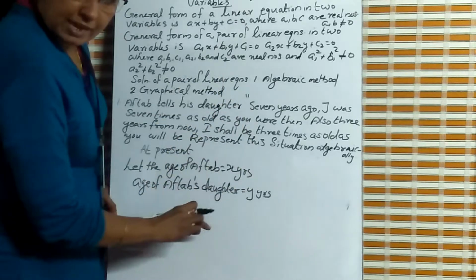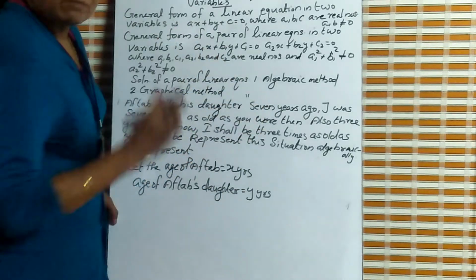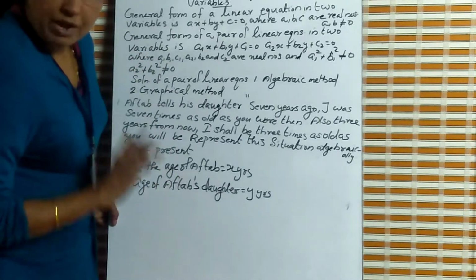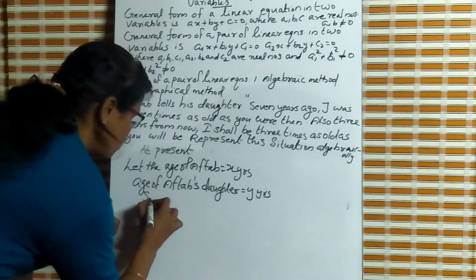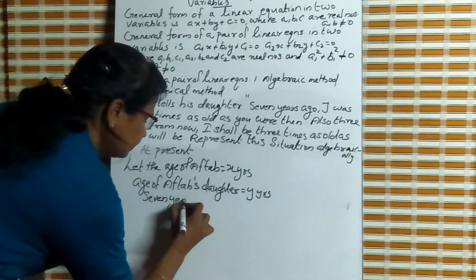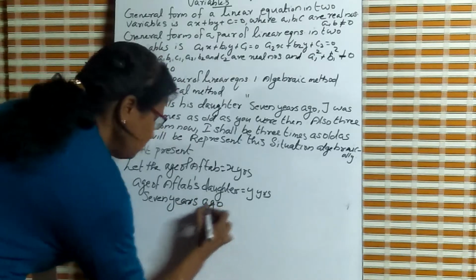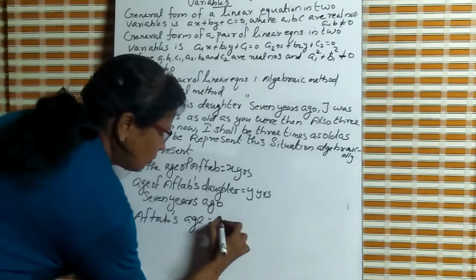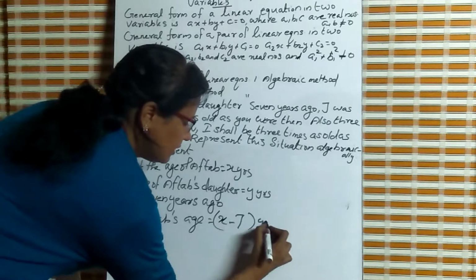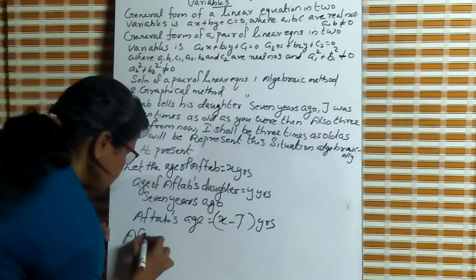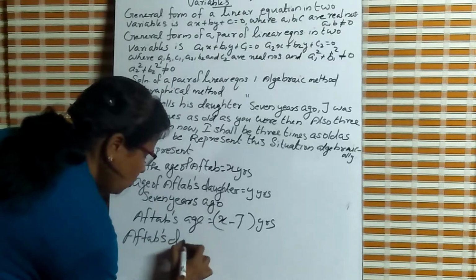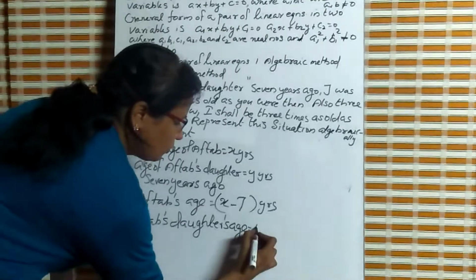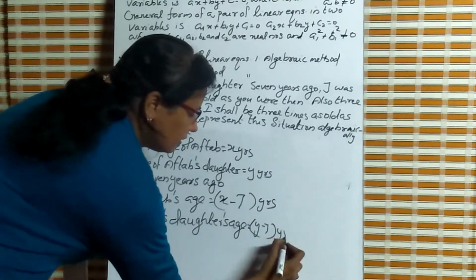Present age of Aftab is x years. What is Aftab's age 7 years ago? x minus 7. And Aftab's daughter's age is y minus 7. So 7 years ago, Aftab's age is x minus 7 years and daughter's age is y minus 7 years.